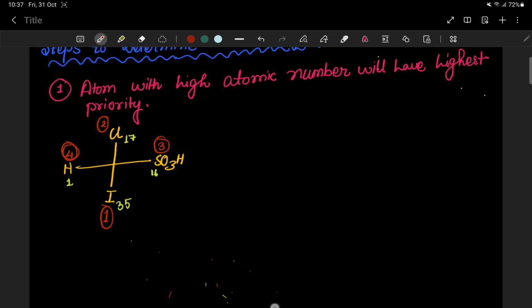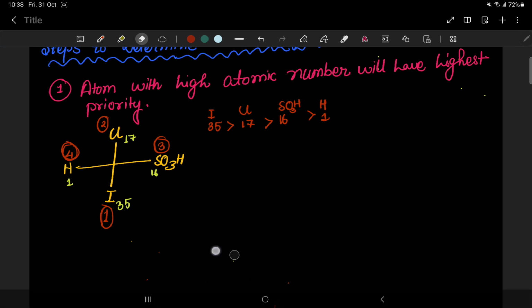Fine, you can understand how I have given the priority. First iodine will come because it is 53, the greatest. Then chlorine with 17. Then obviously SO3H because S has 16. Then comes my hydrogen with atomic number 1. So this is the whole priority order.